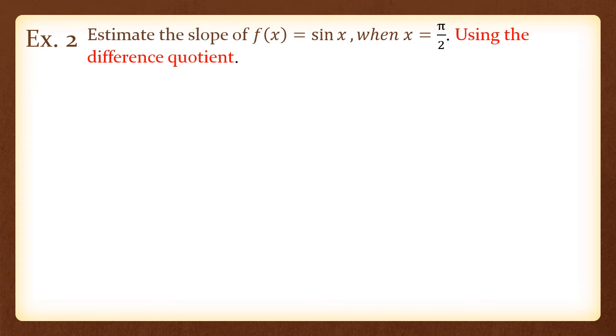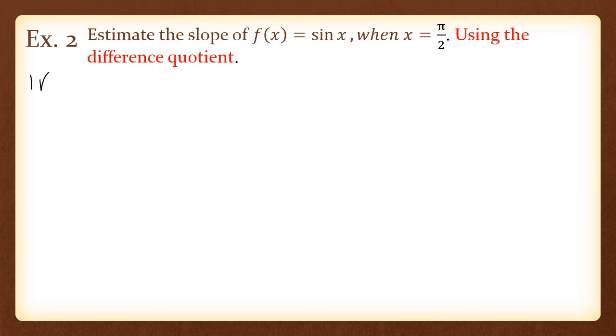Example 2. So we're going to get a little bit more tricky now. We want to estimate the slope of f of x equals sine x when x equals pi over 2. This is going to be a weird one. Well, let's start where we normally start.